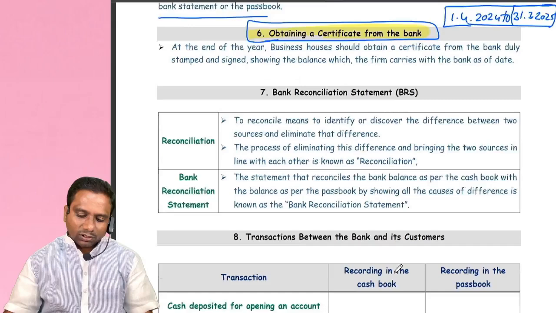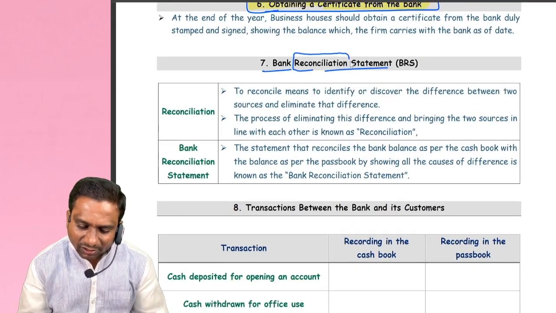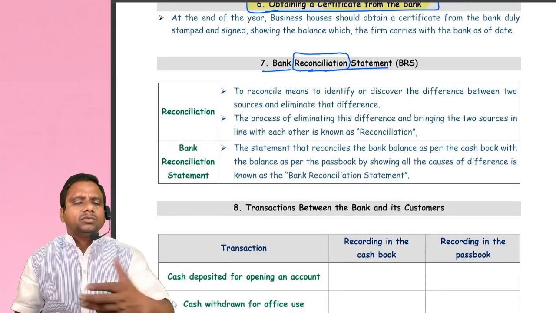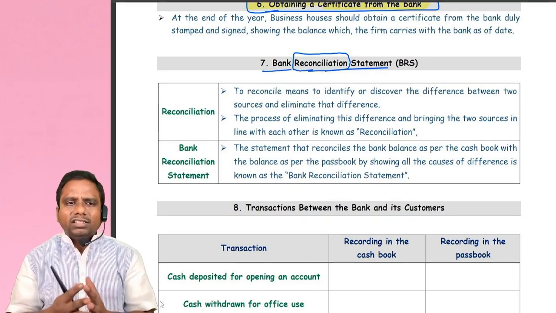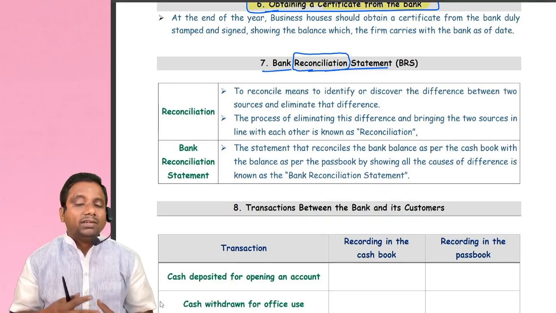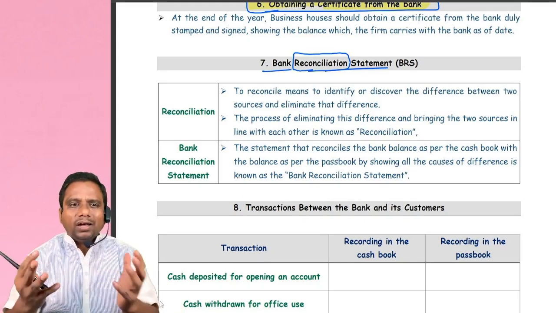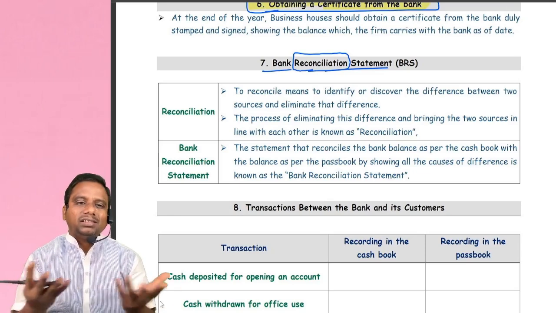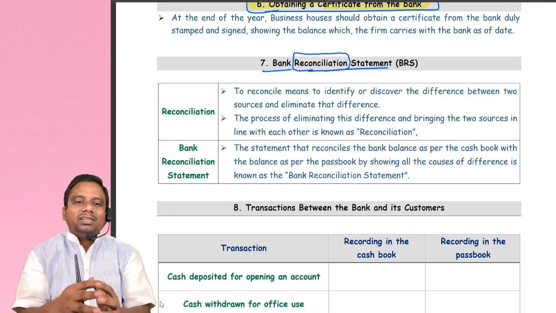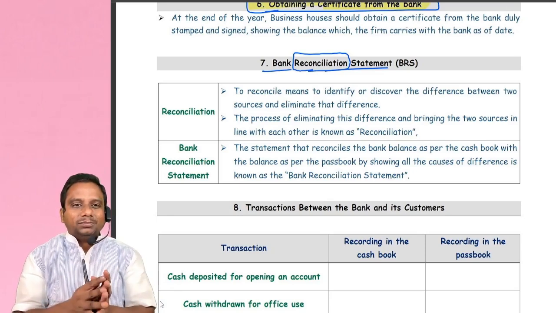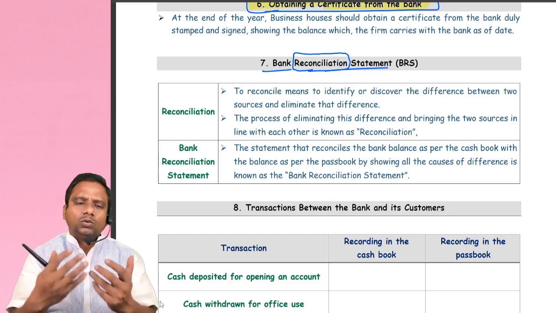Next one, bank reconciliation statement. First try to understand what reconciliation is, and after that we will understand the bank reconciliation statement. Whenever there is a difference between two sources, two things, what do we do first? We try to compare the two things. This comparison is nothing but reconciling: comparing two things and identifying the differences, or causes, or reasons, whatever you call them.